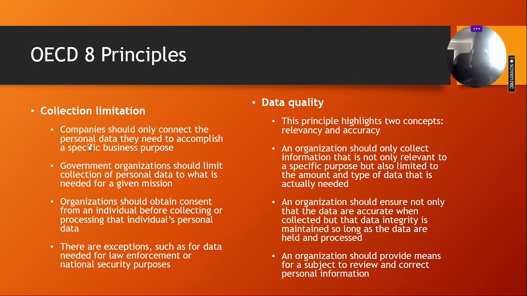It must relate to their personal data, and they need to accomplish a specific business purpose. Whatever you are collecting must meet the business purpose that you stipulated. You must not violate people's rights by disclosing this information to unauthorized people or organizations, by sending people's information to organizations like the FBI that you're not supposed to.